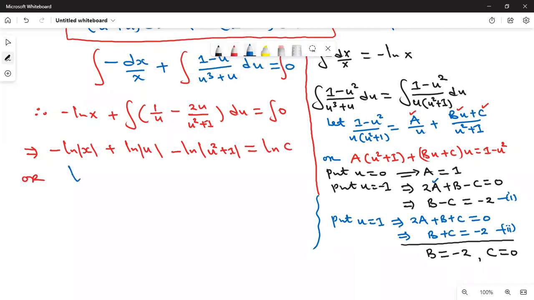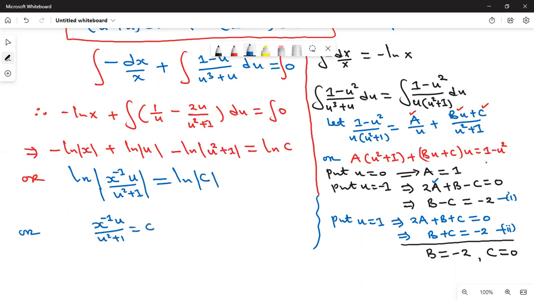This can be written as ln of x raised to negative 1 times u divided by u squared plus 1 is equal to ln c. So you can say x raised to negative 1 times u over u squared plus 1 is equal to a constant.